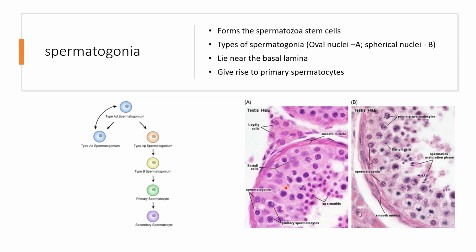This is the H&E stain of testis, and within this seminiferous tubule, you're going to appreciate the spermatogonium. Look at this one. Okay, and within each of them, you're going to also appreciate how the Sertoli cells are being sandwiched within them.